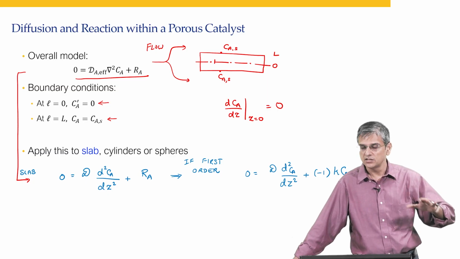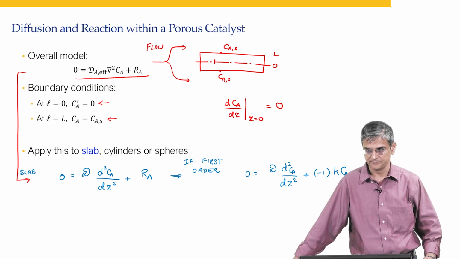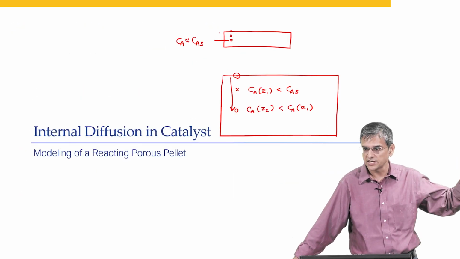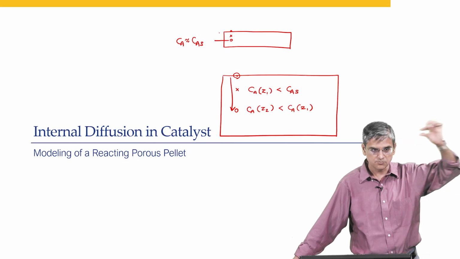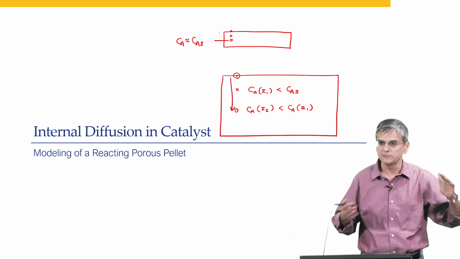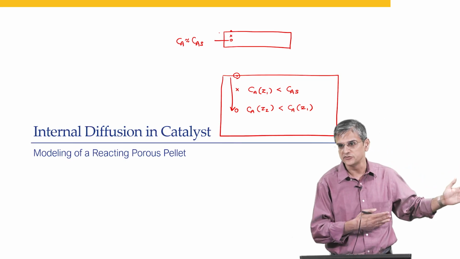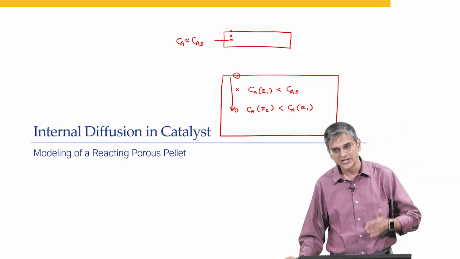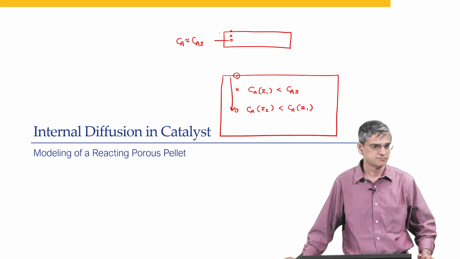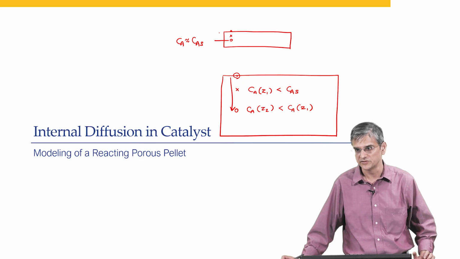Does not mean that the size of the system does not matter. It does, and the example is right there in front of you. A thin slab versus a large slab, the size mattered when it came to whether or not it is diffusion limited or not. The analysis is independent of the size. The results are not independent of the size.